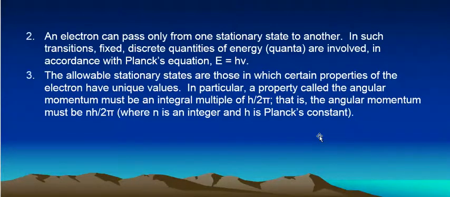An electron can pass from one stationary state to another. So it could jump to higher levels, it can jump to lower levels. And in such transitions, fixed discrete quantities of energy are involved in accordance with Planck's equation. So electrons can jump from close to the nucleus to farther away from the nucleus, and they can also come back closer to the nucleus.